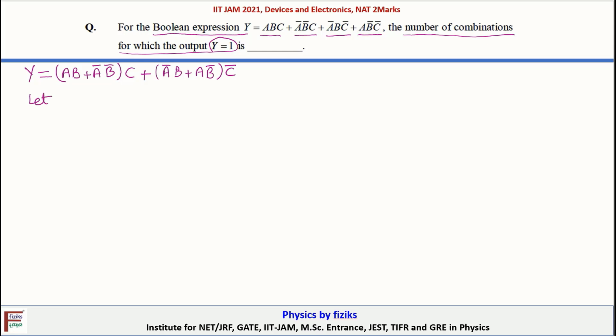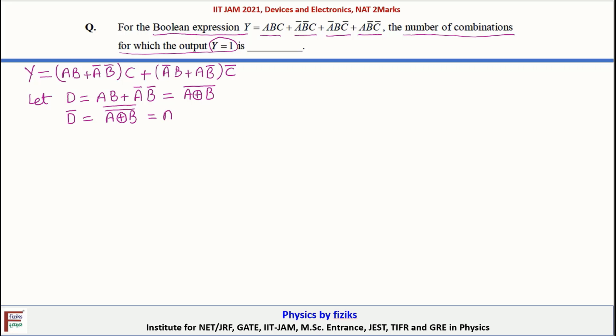Let us assume D is AB or A bar B bar. So that is A XNOR B combination. Now if we write D bar, that will be A XNOR B whole bar.